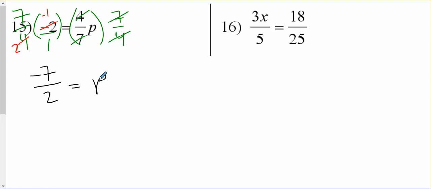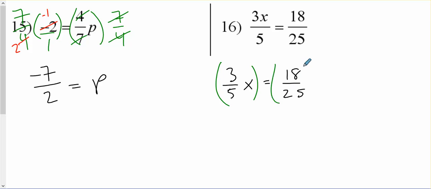The same thing here. Now, 3x over 5 is the exact same thing as 3/5 x. So remember that. They're the same thing. So what are we going to do? We're going to multiply both sides by the reciprocal. What's the reciprocal of 3/5? 5/3. The whole reason we're doing this is because we want to simplify to 1x on the left side.